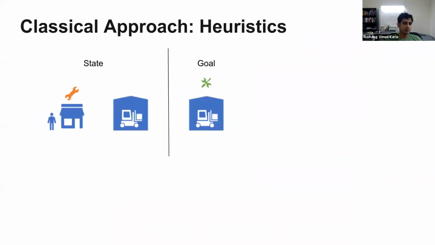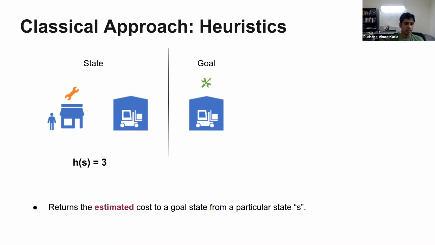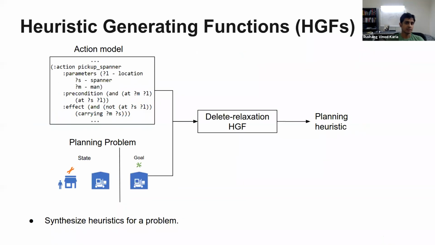So the classical approach to solving planning problems efficiently has been heuristics, where given a state and a goal, the heuristic value of a state is the estimated cost to the goal from that state. And certain kinds of functions known as heuristic generating functions can synthesize heuristics, but at present they require action models as input to themselves.